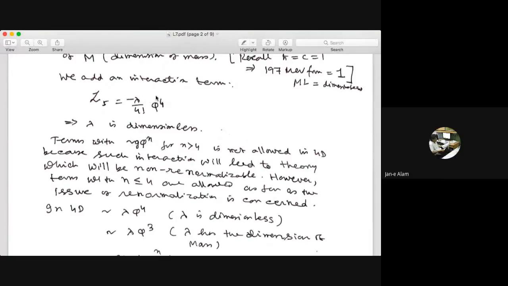No problem. If I have phi to the 5, or let us say phi to the 6, phi to the 5 is bad because this is not invariant under phi changing to minus phi. But let us say phi to the 5. If I have phi to the 5 here, then this coupling should have a negative mass dimension, m to the minus 1.